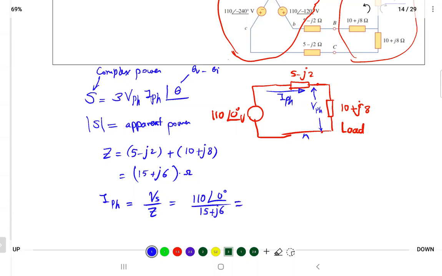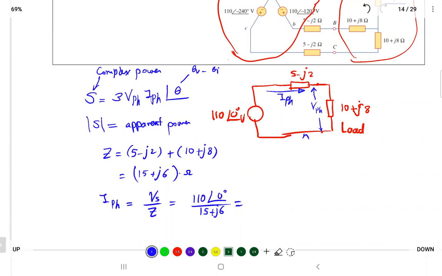Just use your calculator in complex mode: 110 divided by, open bracket, 15 plus 6i. Right, I got it in a complex form.